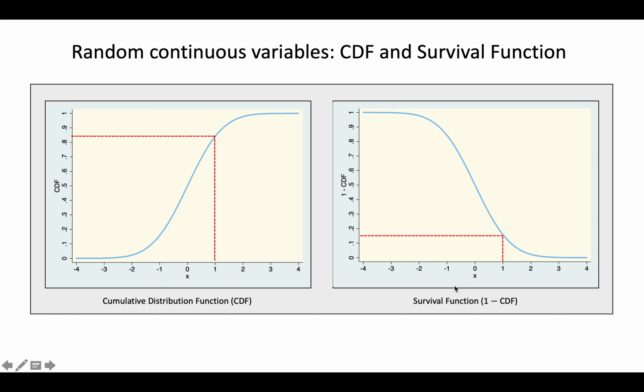And then the survival function is exactly the contrary of the cumulative distribution function. So it's defined by 1 minus CDF. So in this case, if the CDF is 0.83, the survival function is going to be exactly 17%. So the CDF is the probability of having a value more than 1 in this case.